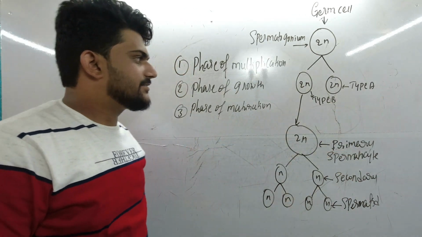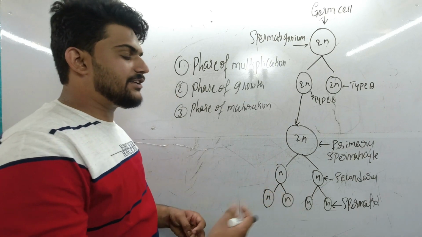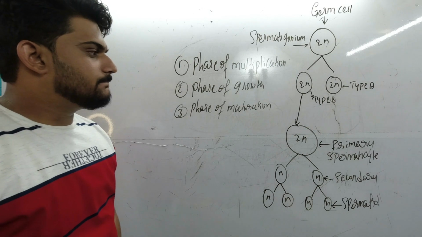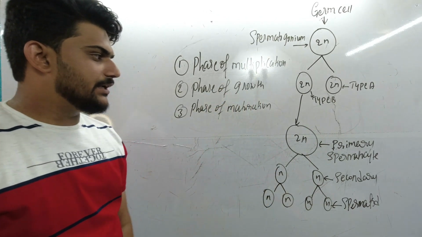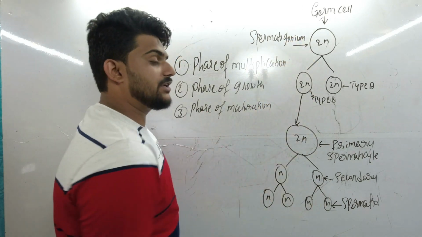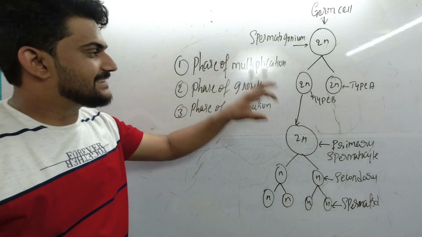Here the type A cell remains as a stem cell, and it further undergoes mitosis again. But the type B starts undergoing the phase of growth. So the first step, the generation of spermatogonium from the germ cell, is termed the phase of multiplication.